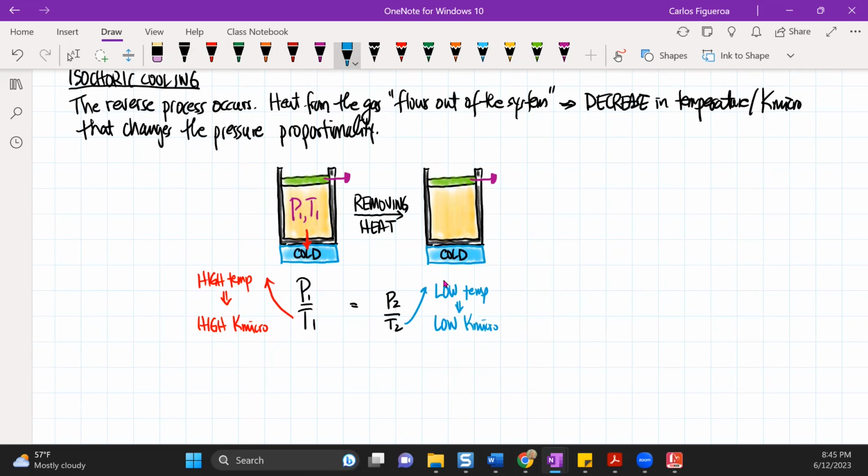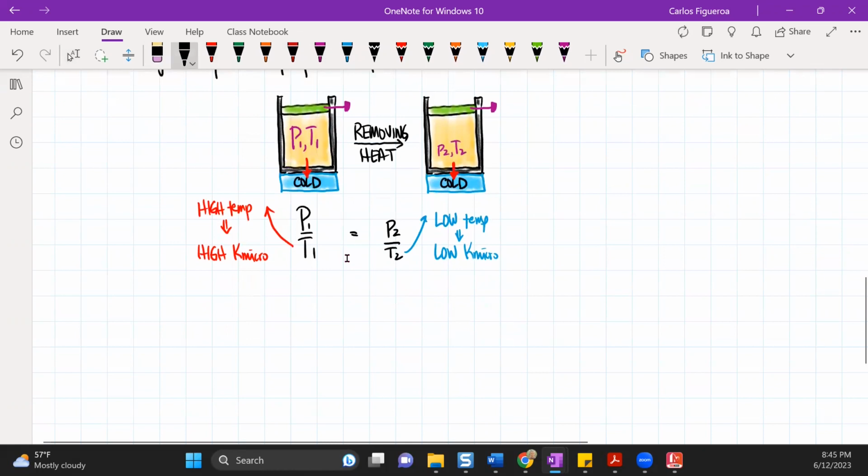So the collisions are less, and therefore the pressure is lower. So then I'm going to P2, T2, and again, that's because heat is leaving the system. So this process is very similar to what we just wrote about. So let's just look at the details quickly. So the details of the process.